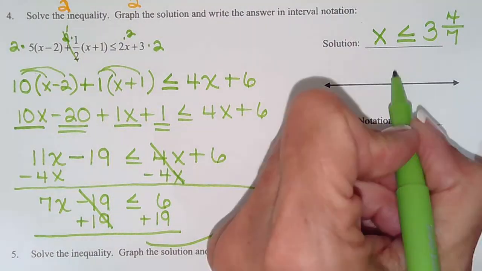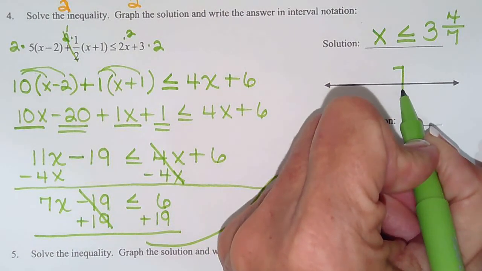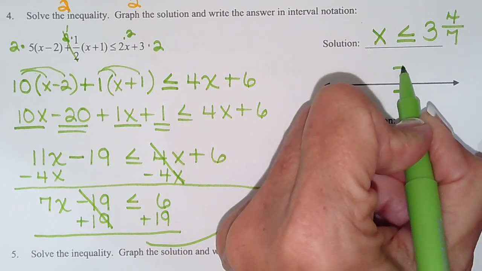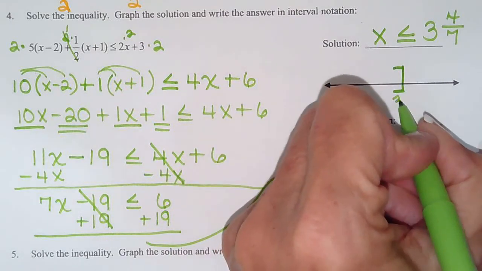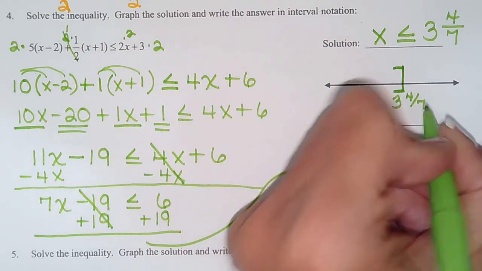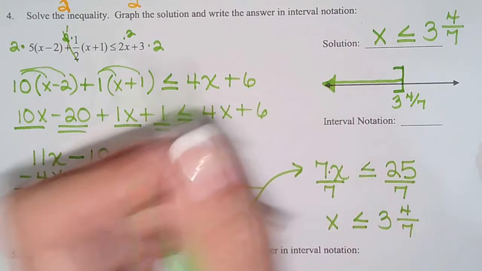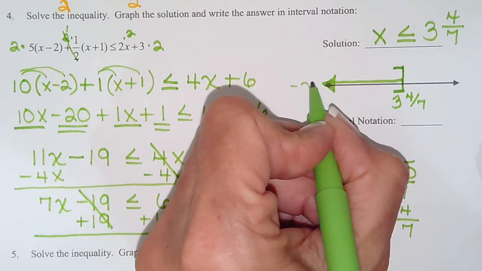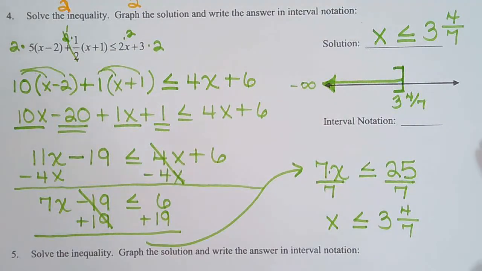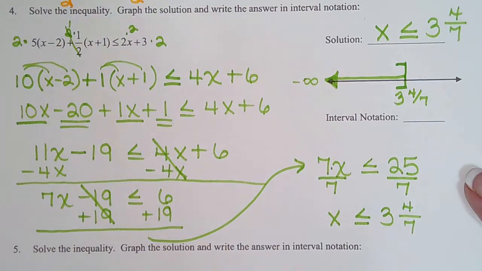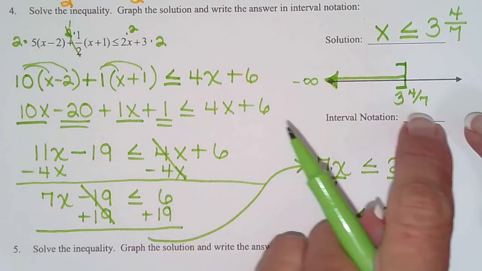So it's less than, so I know I'm going to be shading left, less than left. So I label my endpoint. I shade left, including the arrow, because this is at the left end. That'll be negative infinity. And now we're ready to write our interval notation. Same order, drop them down.